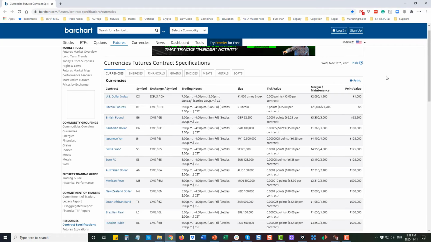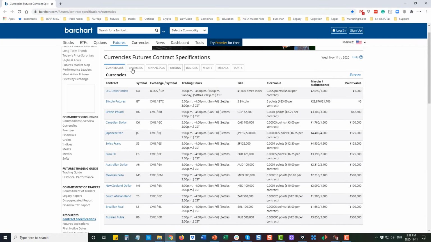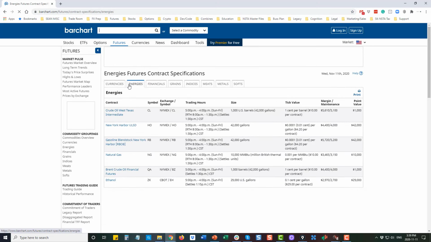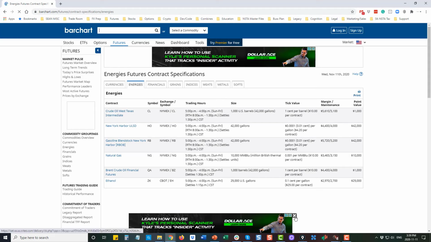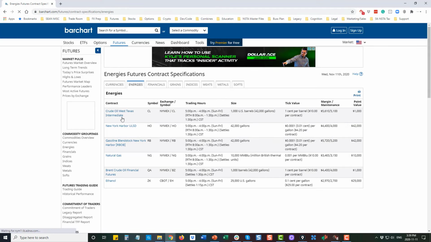The reason I like this one is because it has tabs at the top, and it's a free website, barchart.com. Currencies, energies, financials. If I wanted to look at crude oil or natural gas, the main thing here is understanding that every market's different.